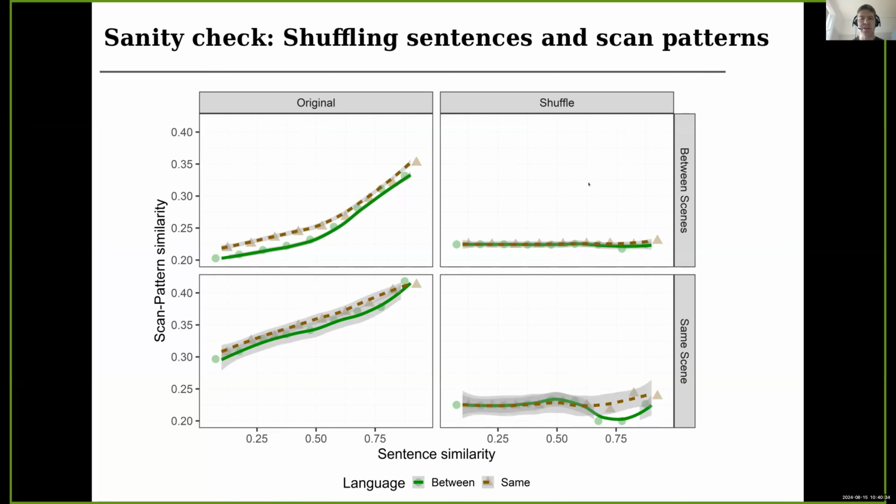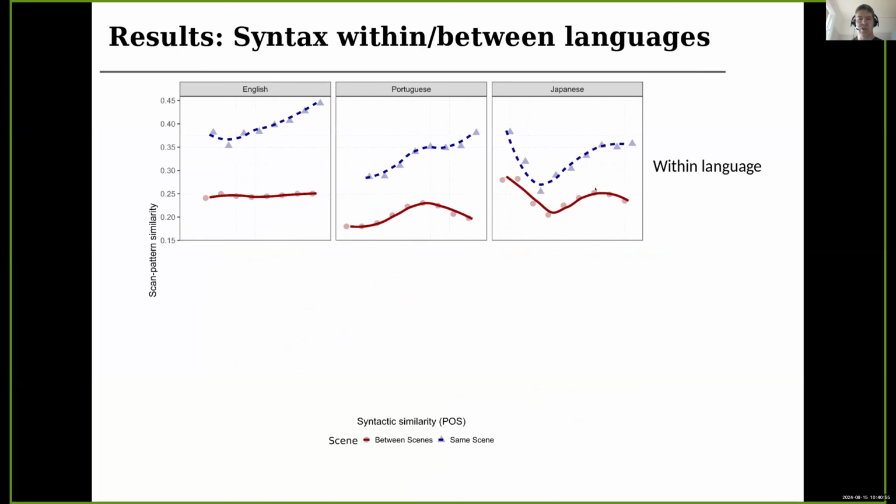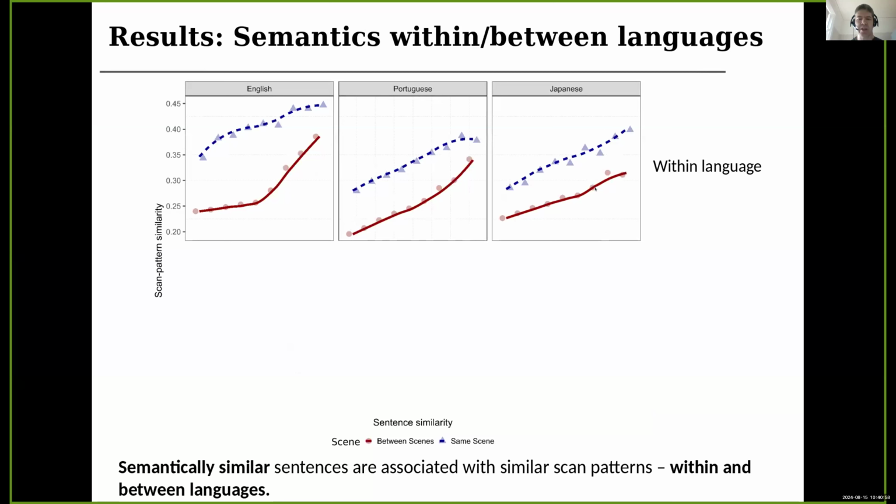Okay, quick sanity check. Just to check again that this isn't an artifact of our methodology, of the way we collected scan patterns, the way we annotated images, or using the LCS measure or something like that. So we just shuffled the scan patterns and the sentences. So in all these results, the scan pattern and the sentence came from the same scene.